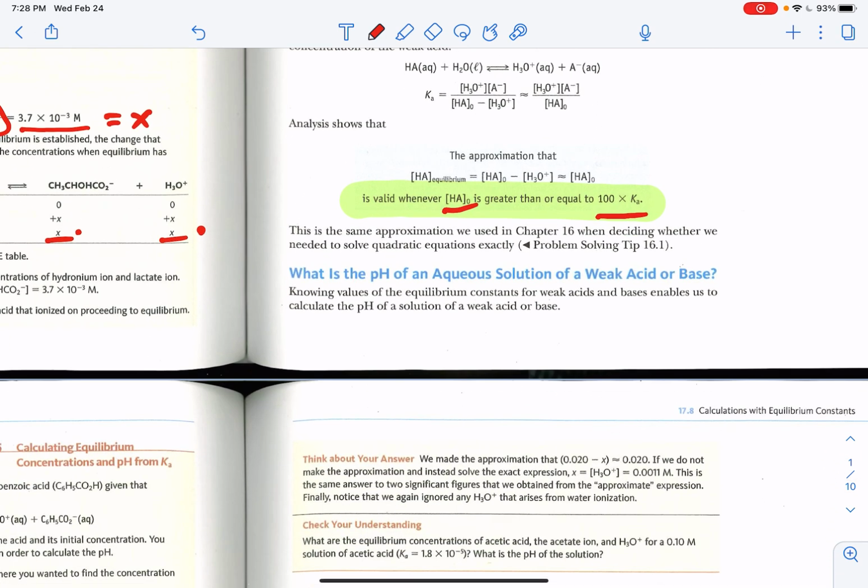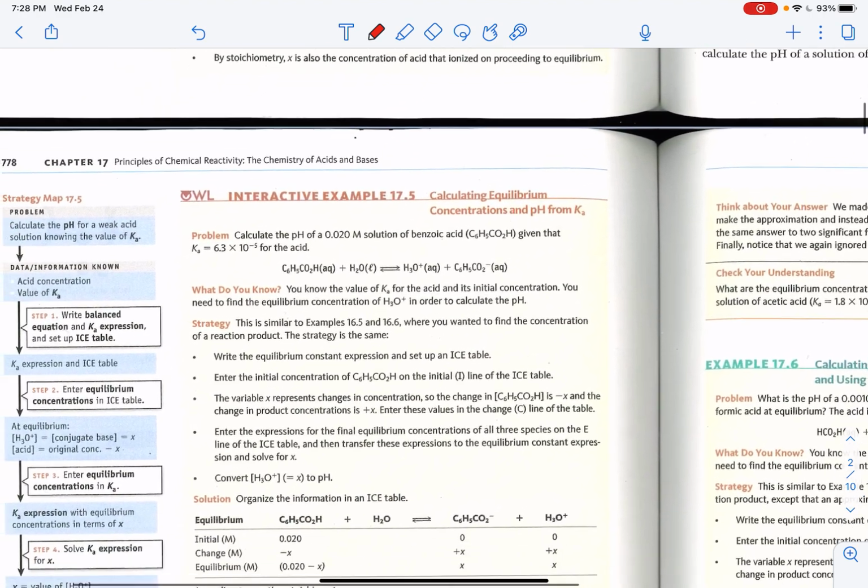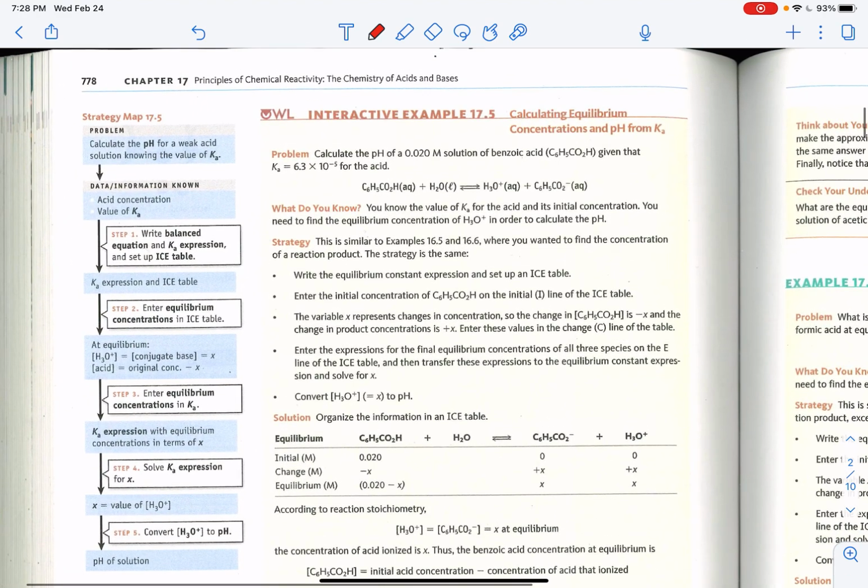All right, next question. What is the pH of an aqueous solution of a weak acid or a weak base? Well, we actually just did a problem like that, but they're all a little bit different. So let's take a look at this one. It says calculate the pH of a 0.020 molar solution of benzoic acid, given that the Ka is 10 to the minus fifth. So what do we see? We've got my original molarity, and it's not like a 0.000 anything.